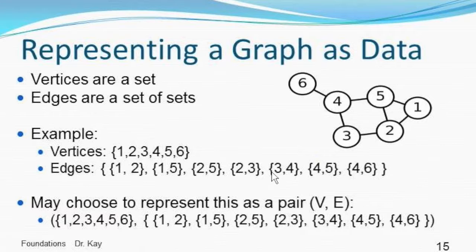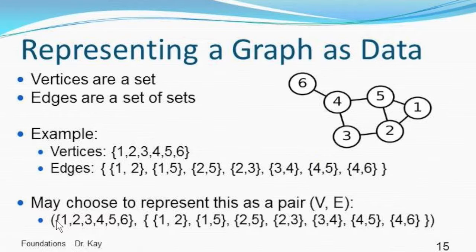on the graph. Now, one of the things we're going to do a lot is, rather than say a graph has vertices and edges and talk about them separately, we're going to represent a graph as a 2-tuple, an ordered pair, where the first element is the set of vertices, and the second element in our graph is the set of edges.